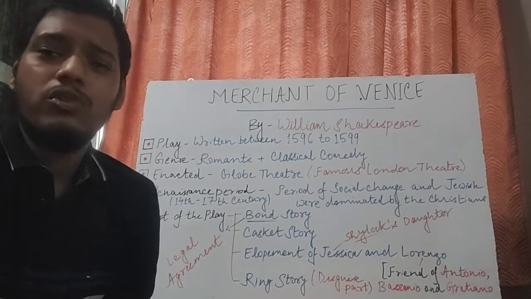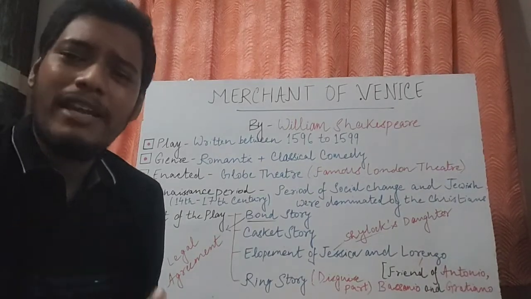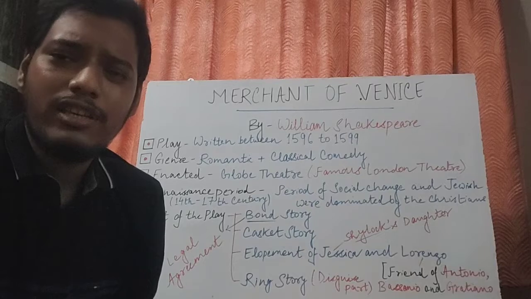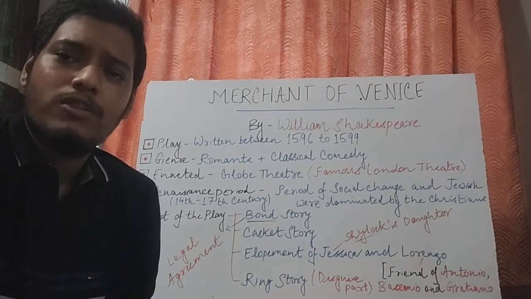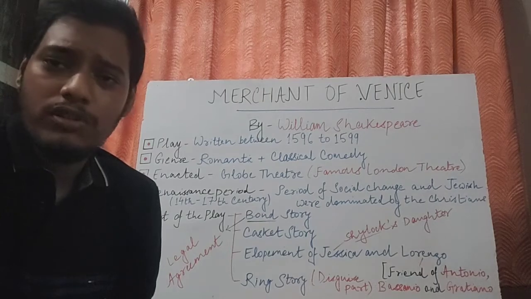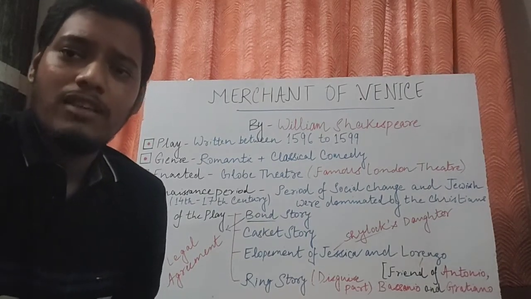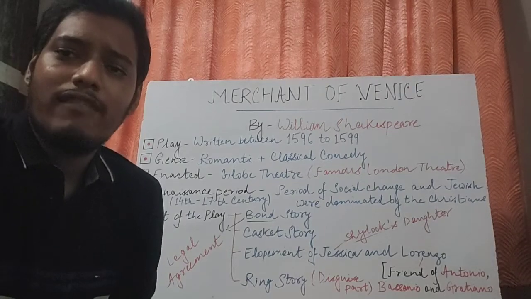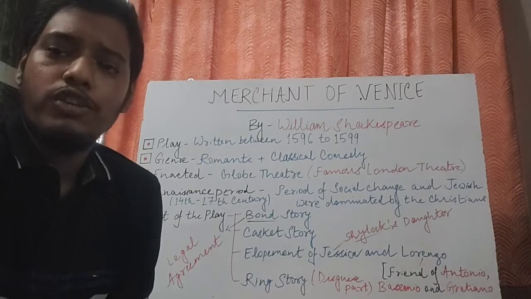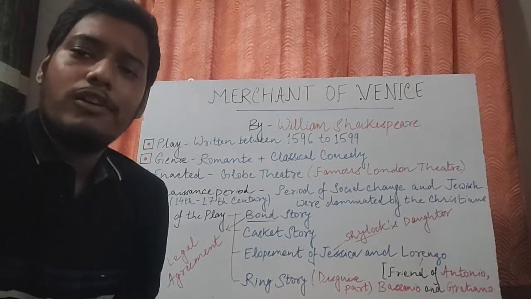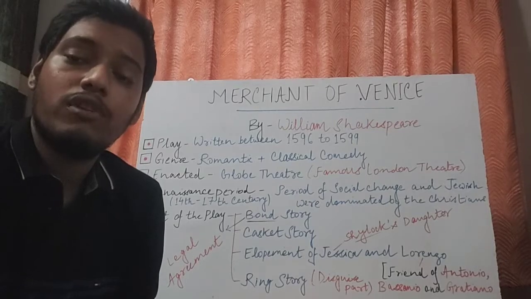A person who always likes to spend his money uselessly on things which are not necessary. So a spendthrift person he was. He always wanted to live a luxurious life, doesn't matter whether he has a meager income. So what he used to do, he used to take loans from his friends. He also took a loan from Antonio.